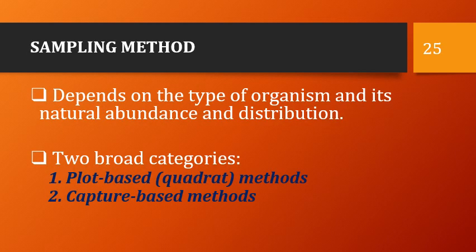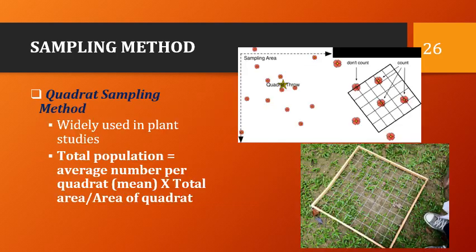And we have here the sampling method. So it depends on the type of organism and its natural abundance and distribution. So we have here two broad categories. We have the plot-based method and the capture-based method. So when we say plot-based method, or the quadrant sampling method, we can actually do this by simply plotting it using this formula.